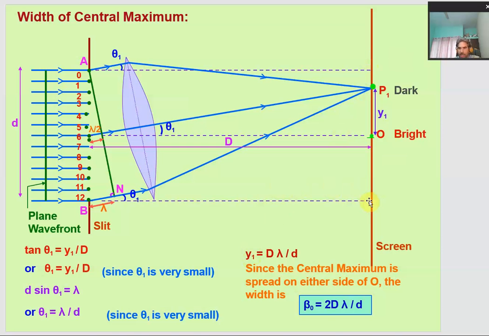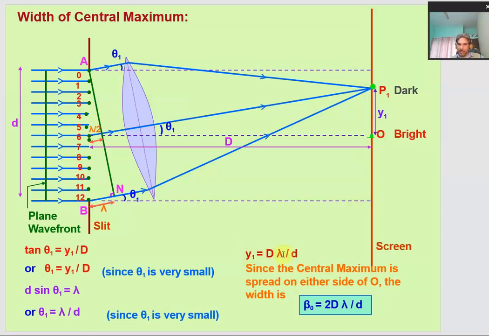And if we use light of a larger wavelength, the diffraction pattern will spread over a large area on the screen. If the wavelength is less, it will spread over a smaller area. So if the wavelength is less, the distance of the dark and bright fringes will be less. This is the case of the dark fringes, or minima.